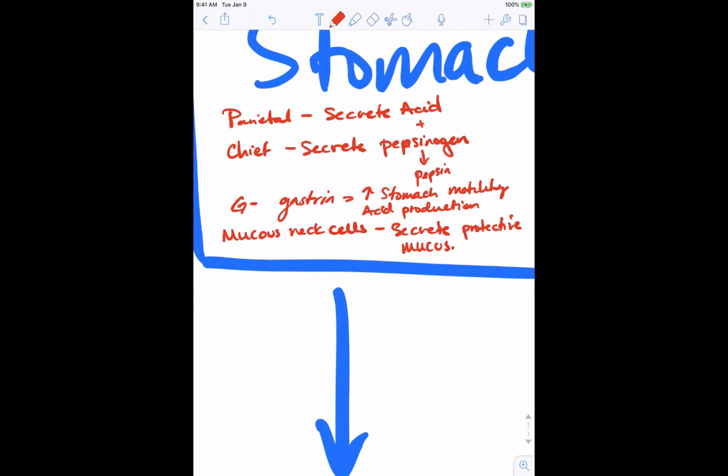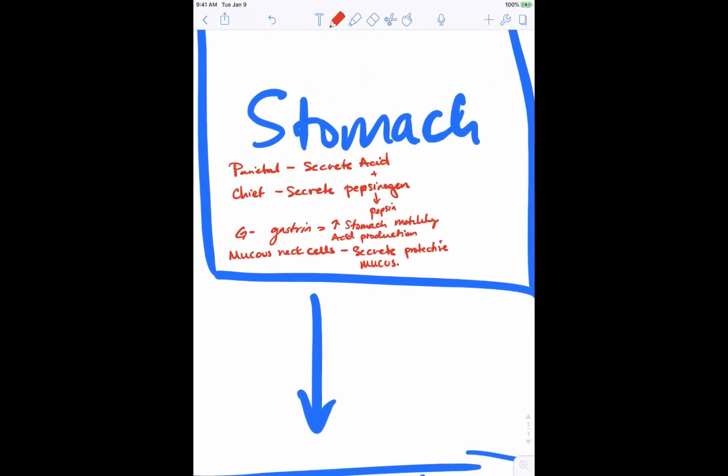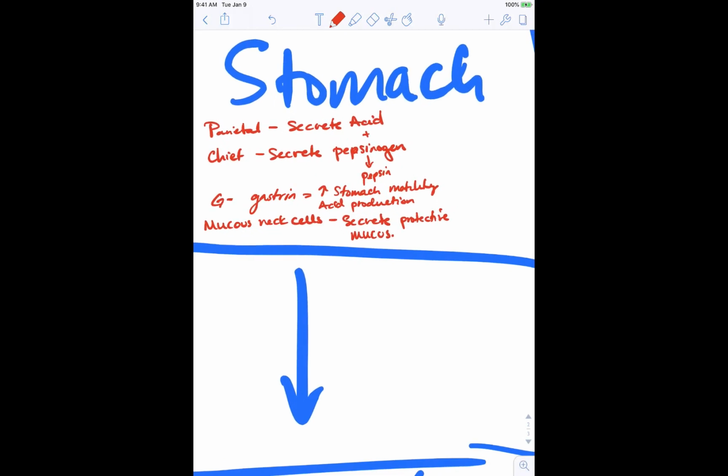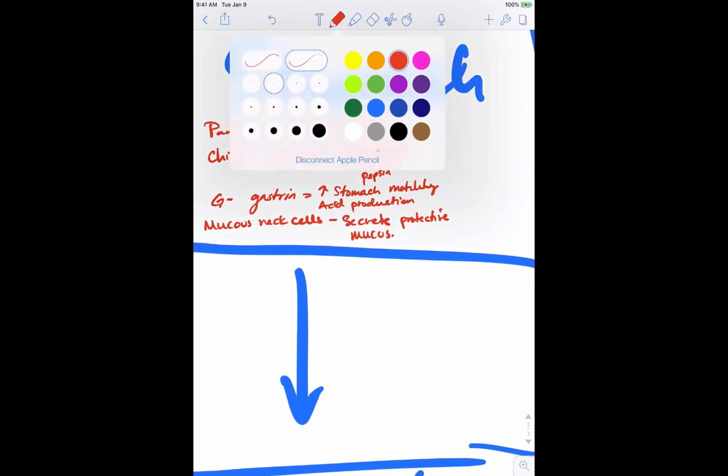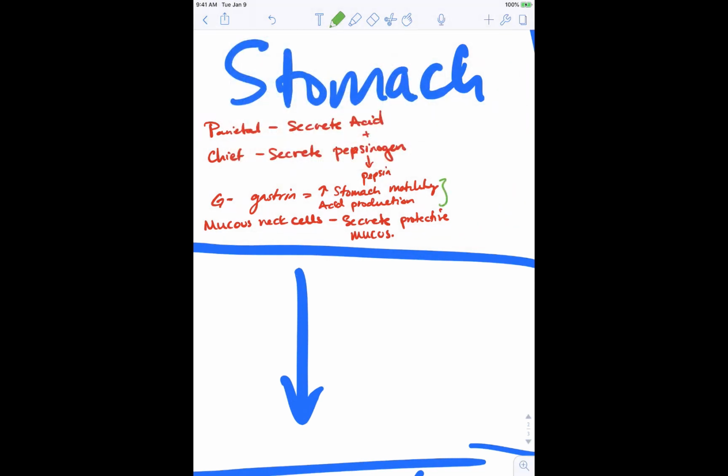Now, remember that the job of the stomach is going to be both to chemically and mechanically break down food. And the way it's going to do that is by using this increase in motility. So this is mechanical breakdown. And these chemicals, that's chemical breakdown.